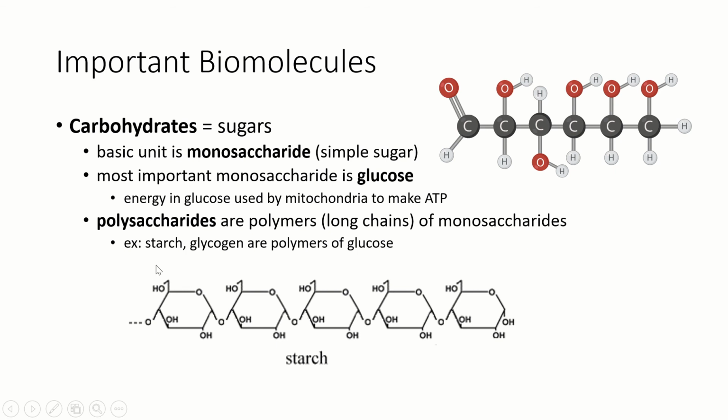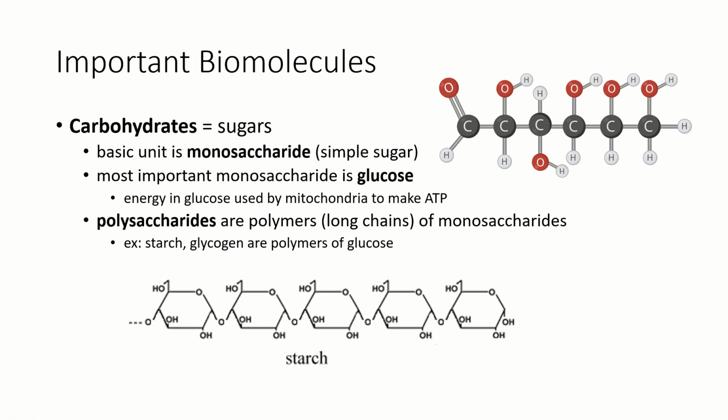Now, a polysaccharide is a long chain of monosaccharides, and the most biologically important polysaccharides are polymers of glucose molecules. So this is a starch molecule, and you can see it's just a bunch of glucose molecules chained together.